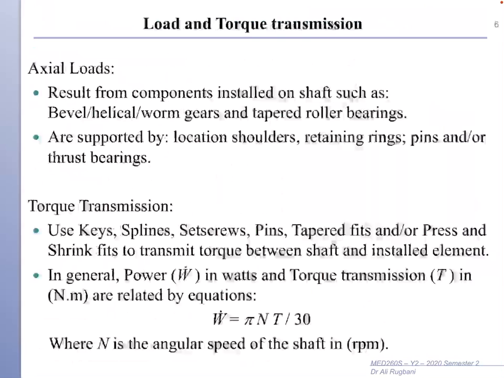That can be ensured using keys, splines, set screws, pins, and any form to make sure that the two members, the component and the shaft, are rotating together. Power, of course, depends on torque and angular speed. So the formula here gives you the power in watts if you have torque in Newton meters and angular speed in revolutions per minute.